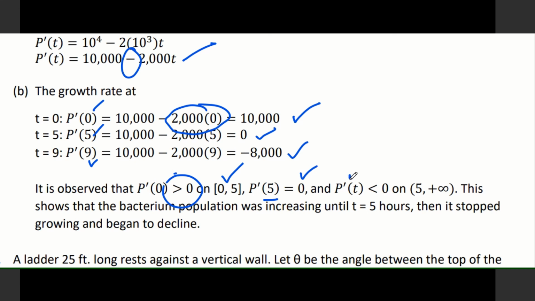Now, P prime of t is less than 0 when t is greater than 5. This shows that the bacterium population was increasing until time t equal to 5, because there is no more change. Then it stopped growing and began to decline when you move to more than 5 hours.